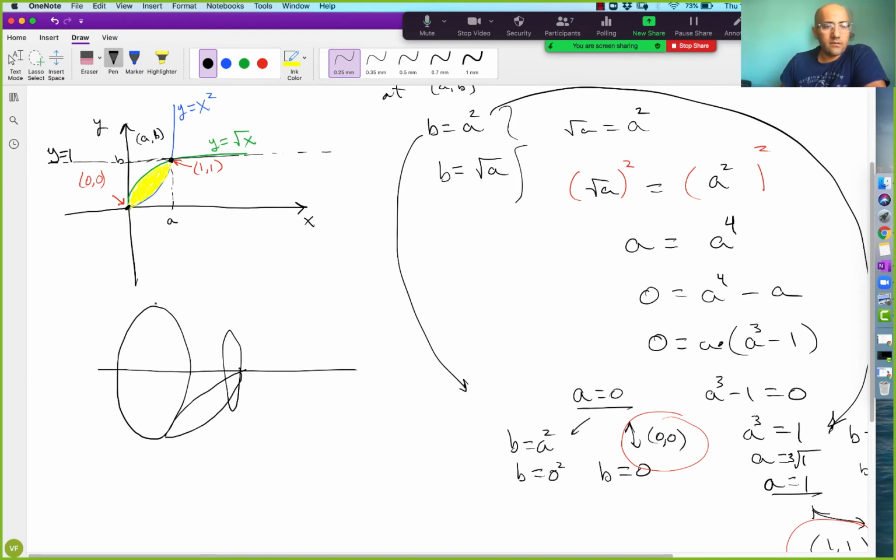Something like that, I guess. Really ugly. Good thing we had that technology to help us visualize it a little bit, because this thing's pretty ugly. At any rate, hopefully it's passable.